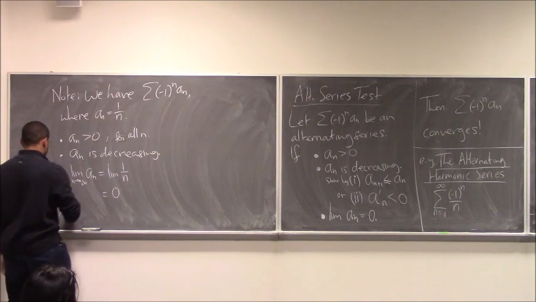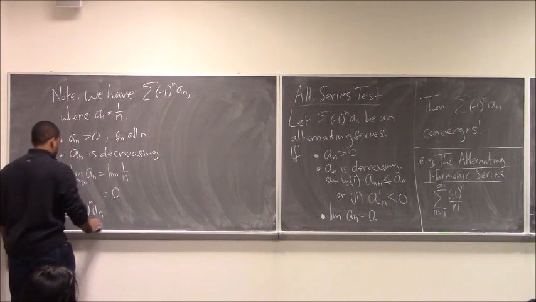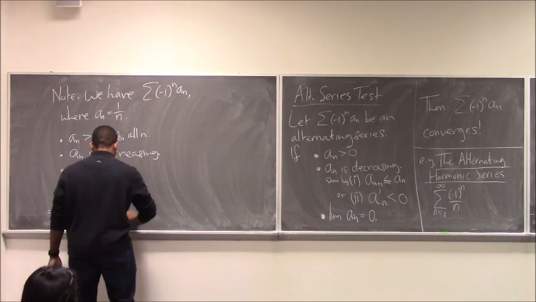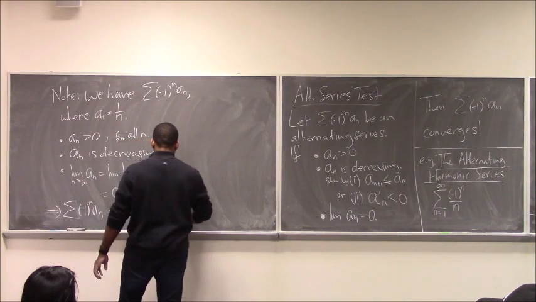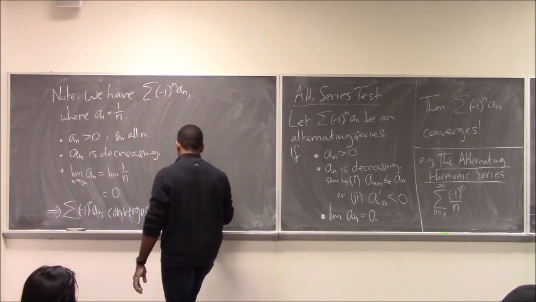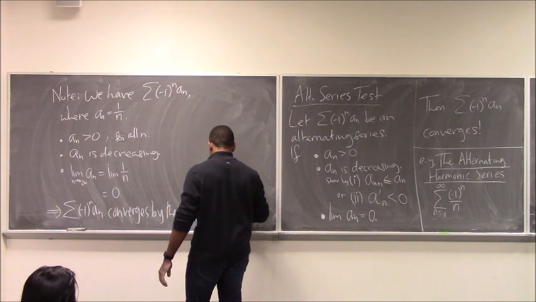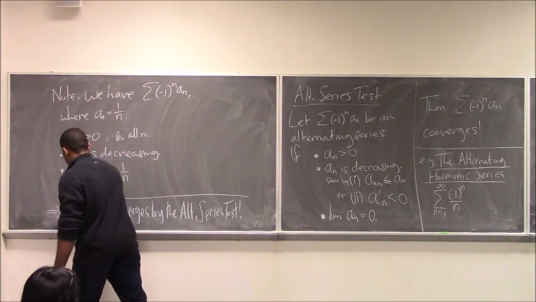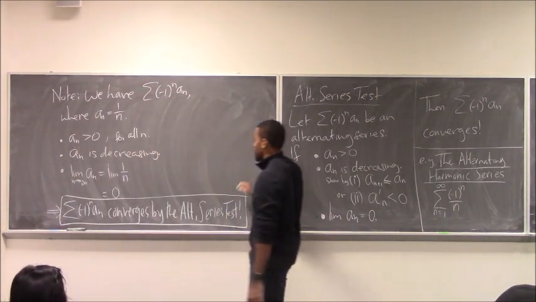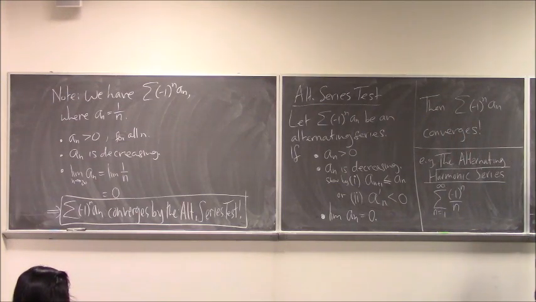Therefore, this guy converges by the alternating series test. Its terms are positive, decreasing, the limit is 0, and the signs are alternating.